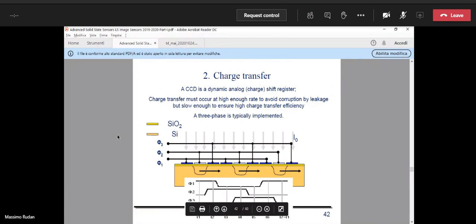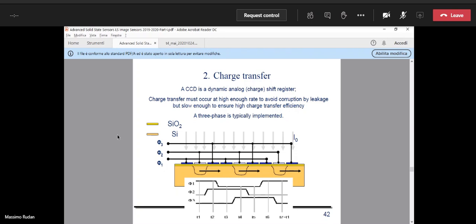This is a replica of the transfer mechanism. Of course, there is a trade-off, as you remember. When we make a transfer of the charge, the transfer must be quick, okay?